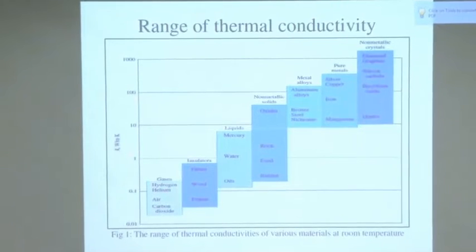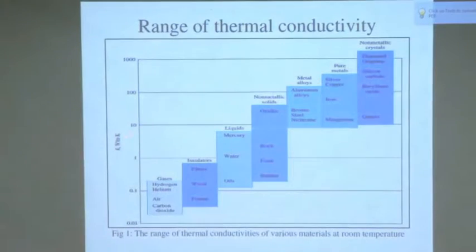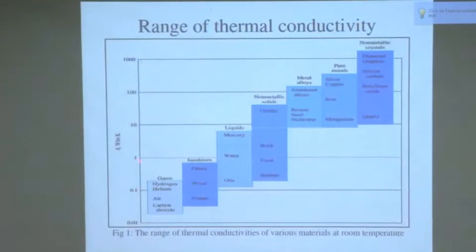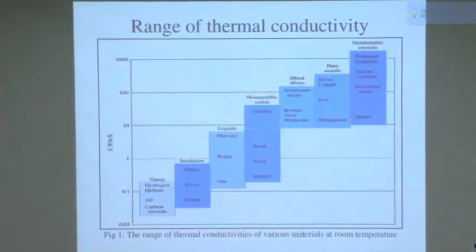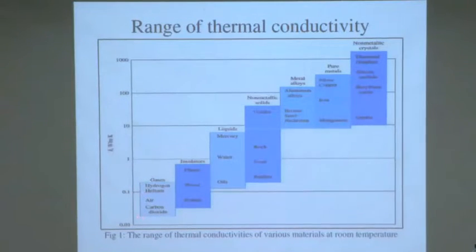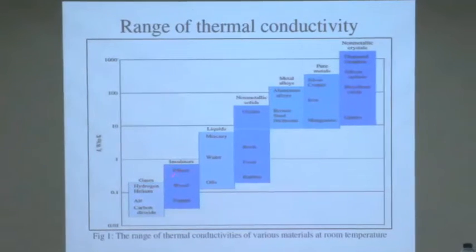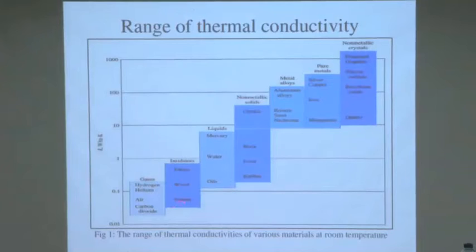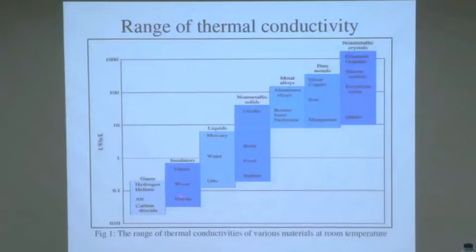This is the thermal conductivity axis, watt per meter K. This is 0.1, this is 1, this is 10, this is 100, this is 1000. And you see hydrogen, helium, air, carbon dioxide gases, they are within that range 0.1 to 0.05, like that, a little bit 0.6. Then comes the insulators, fibers, wood, then this is foam.